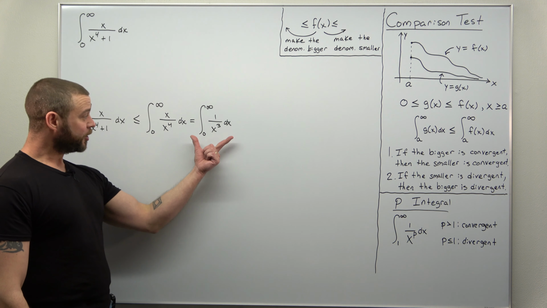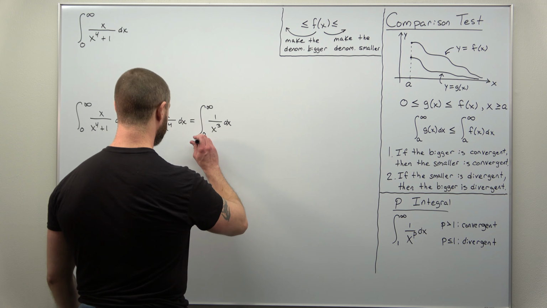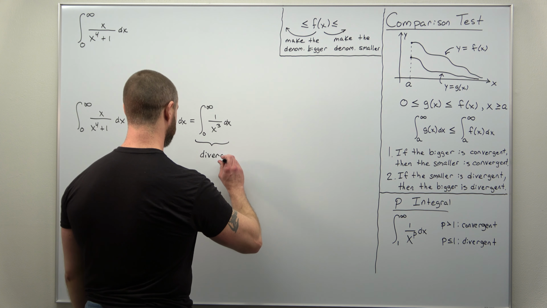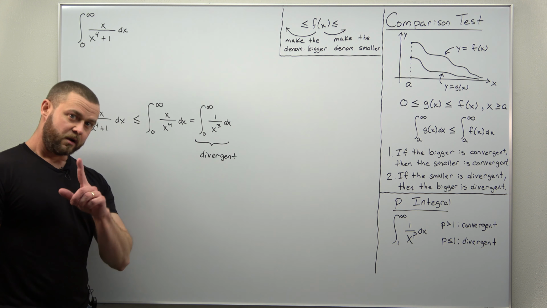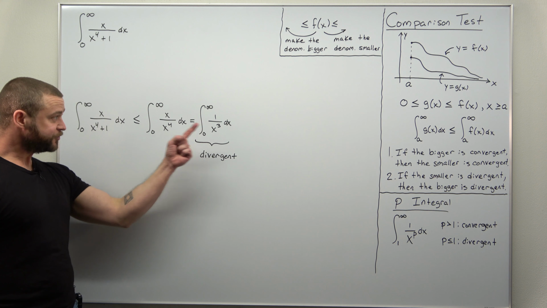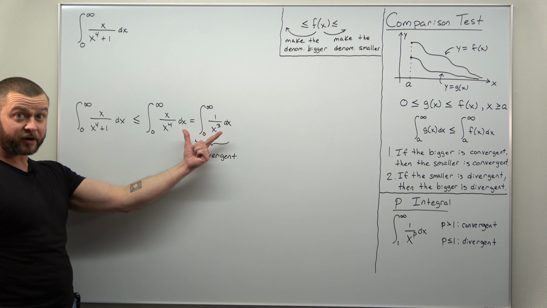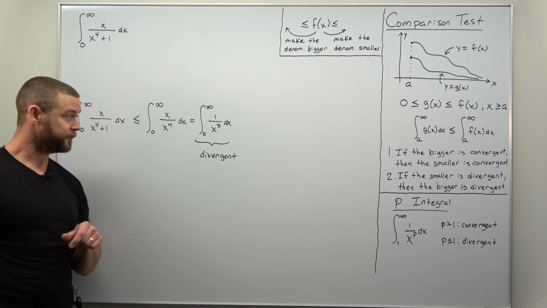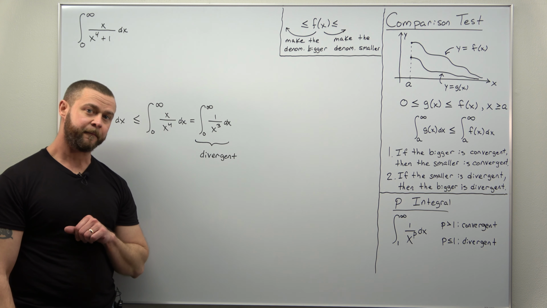If you were to actually determine if this is a convergent or divergent improper integral, what you're going to find is this one actually is divergent. And this gives you a useless comparison. If the bigger improper integral is divergent, that says nothing about the smaller one. So this comparison doesn't work for us.